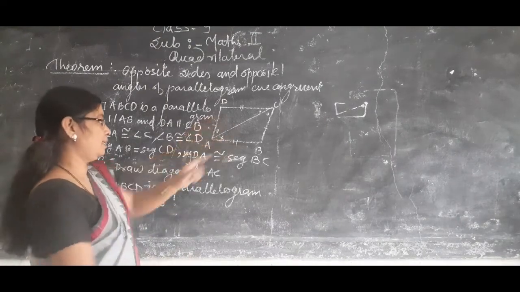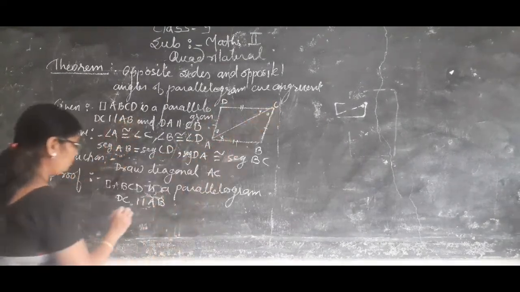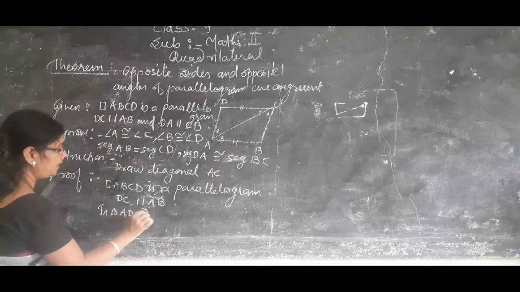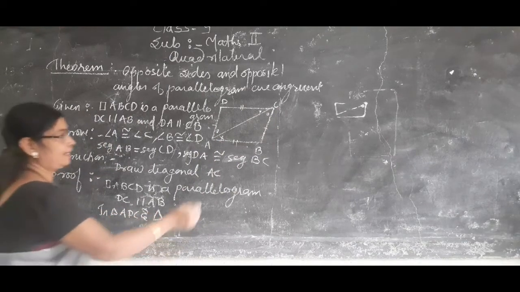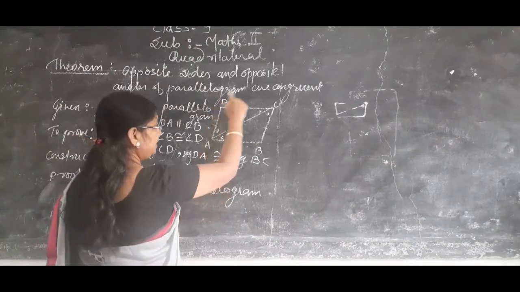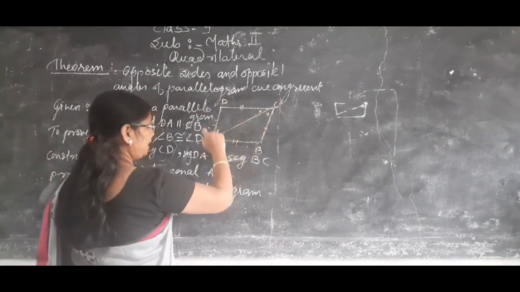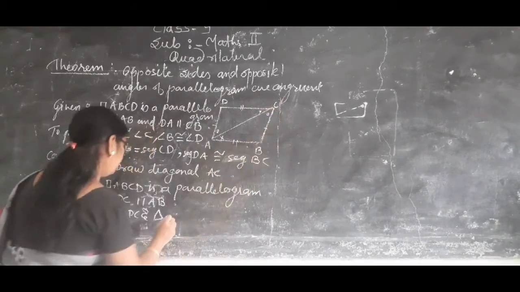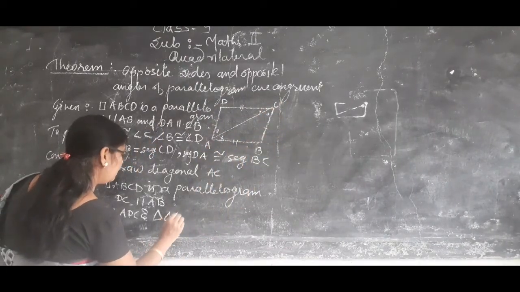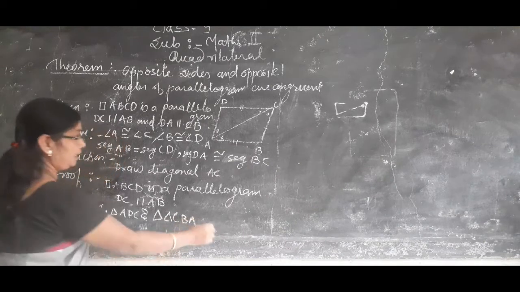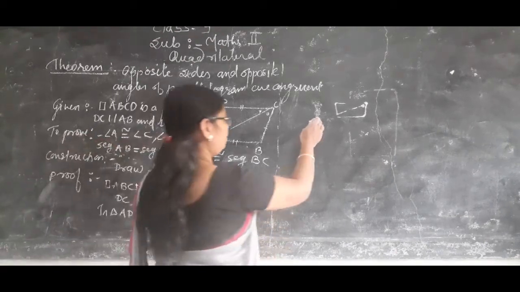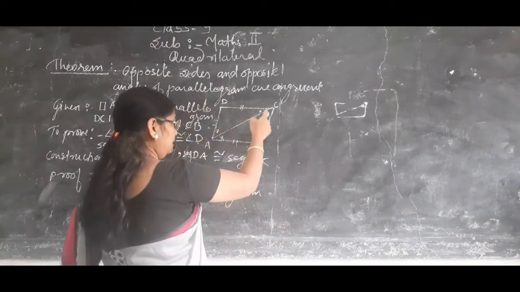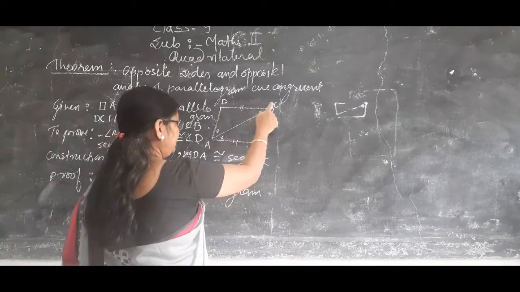Now take two triangles, triangle ADC and triangle CBA. Now what is given? That you have to take first. Now see here, what is given in this triangle? You have to take angle BCA.